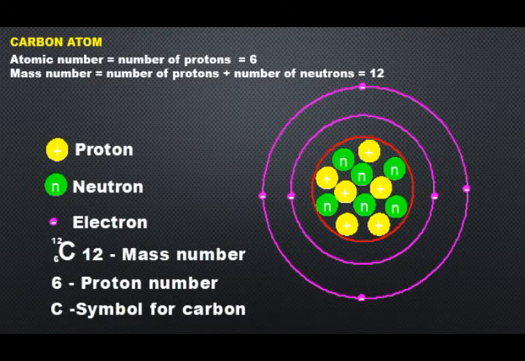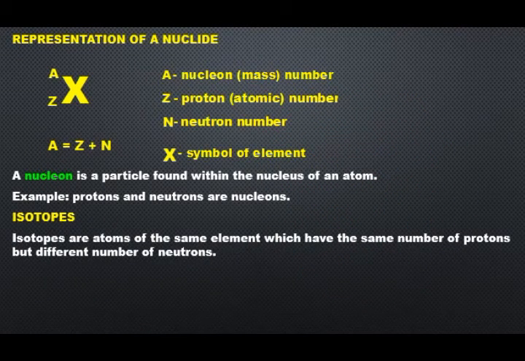And you see 12 superscript, 6 subscript, that represents the nucleus of the carbon atom. The 6 represents the proton number. The symbol of the element is represented by C.